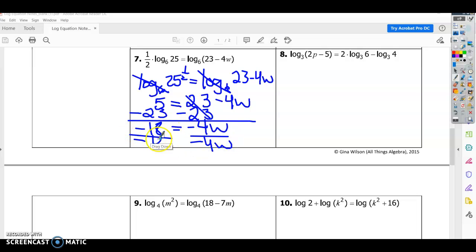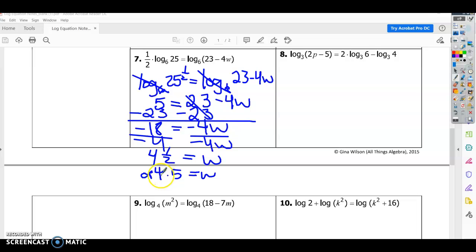And divide both sides by 4. Okay, 2 negatives is a positive. 4 goes into 18 4 times with 2/4 left over. 2/4 is 1/2. So this will be 4.5 equals w.